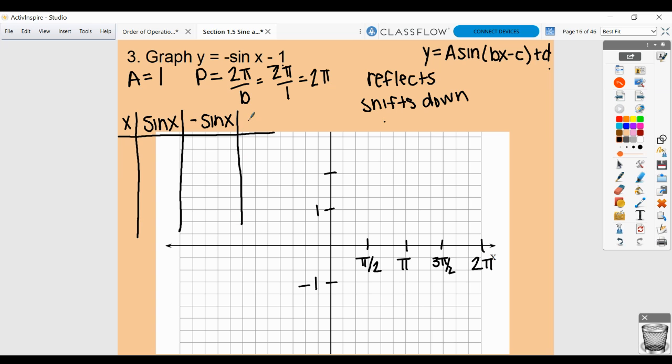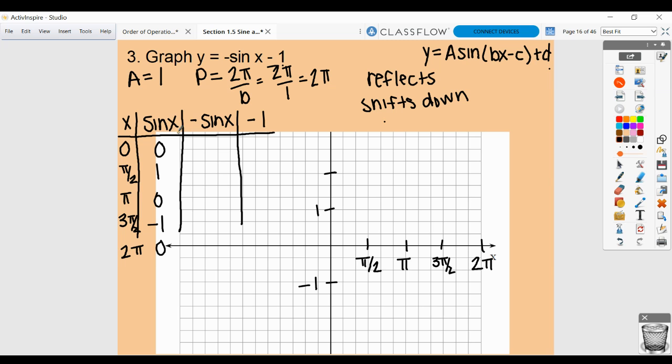And then you subtract. So our x values, original sine numbers are 0, 1, 0, -1, 0. Again, just like cosine, I'm hoping that you memorize these.